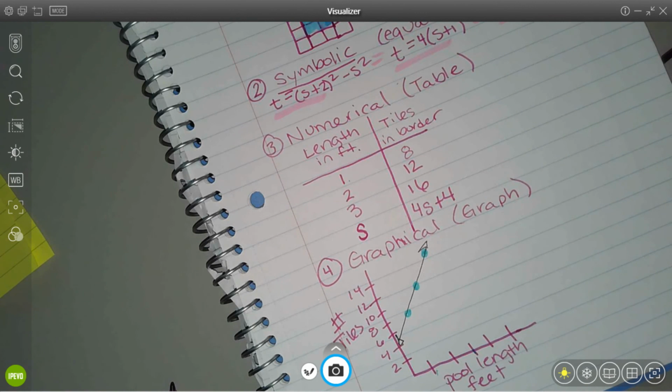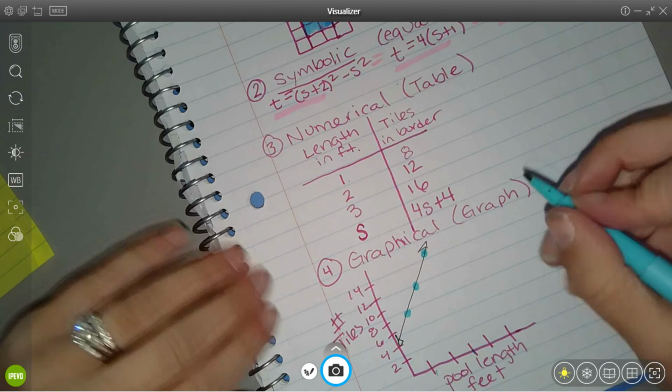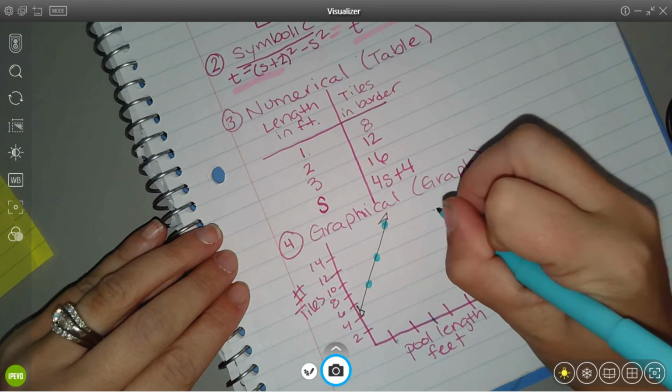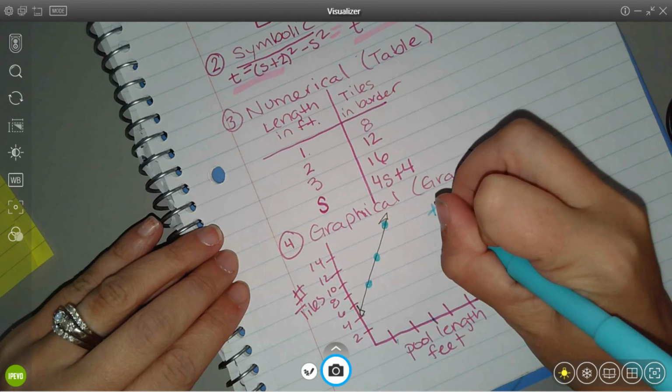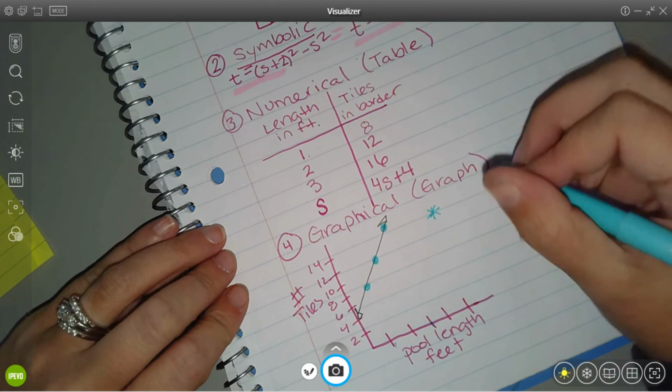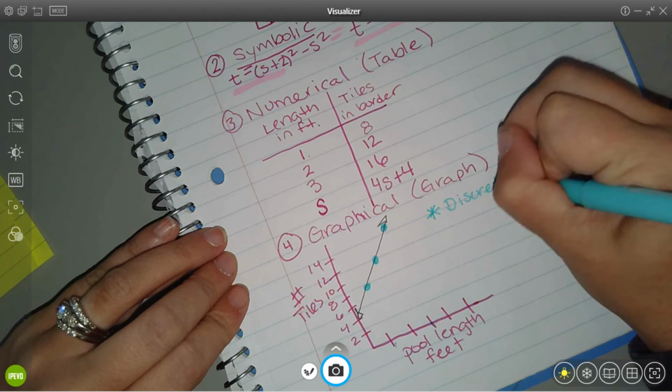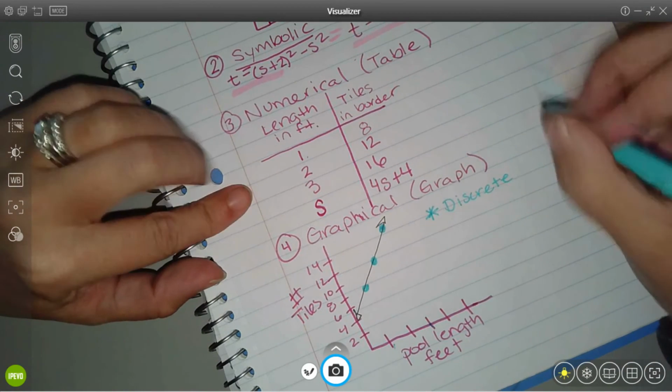Now, something I want to talk about with this graph right here. Graphs are going to show us 2 things. The first thing this graph shows us, and I'm going to color code this for you to see, in blue, are the discrete points. The discrete points that are actually in our table.